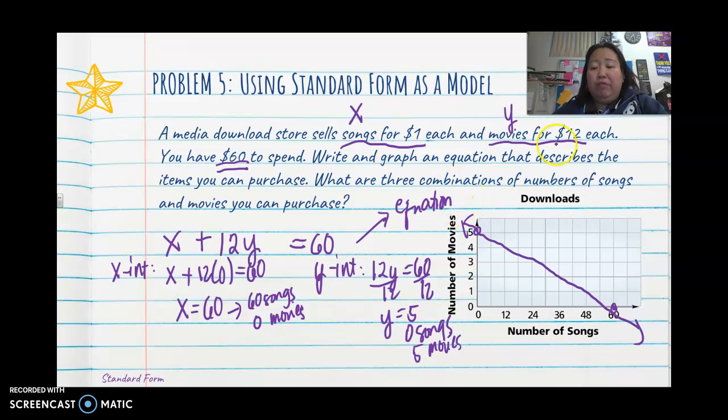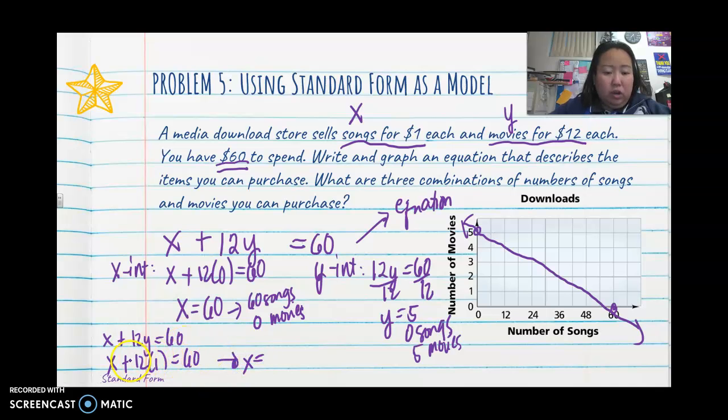Okay, so if you have only one movie, let me write it here. x plus 12y equals 60. If your movie is just one, replace y by 1: x plus 12 times 1 equals 60. Subtracting 12 from both sides, x will be 48. So you will notice that if I can remove this line here, hold on.